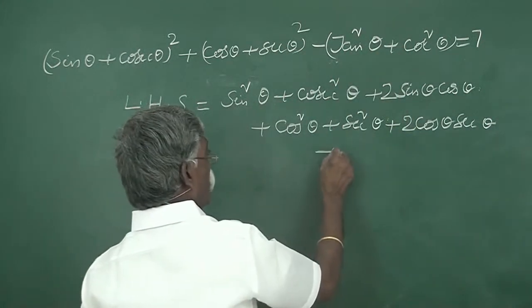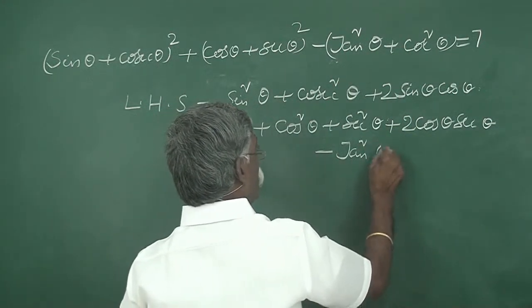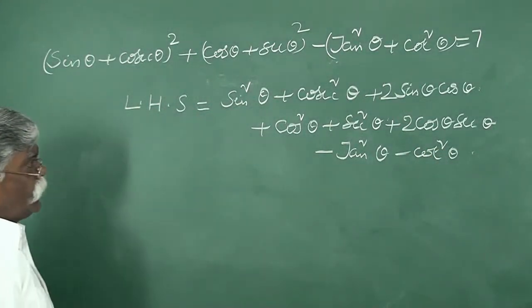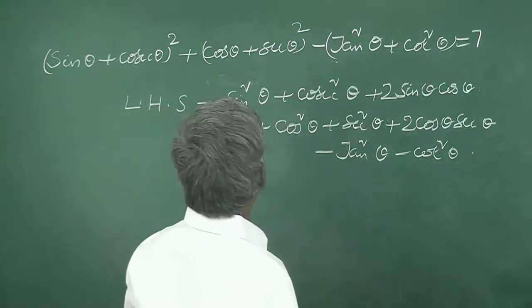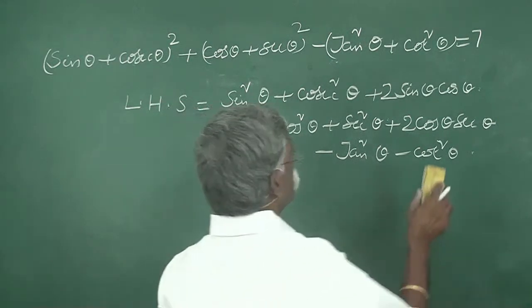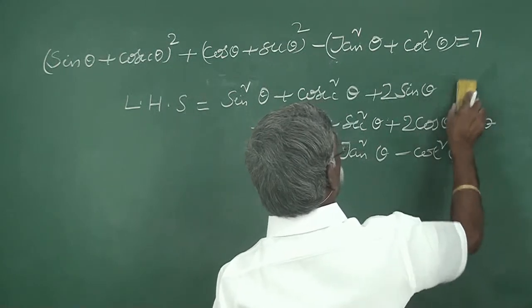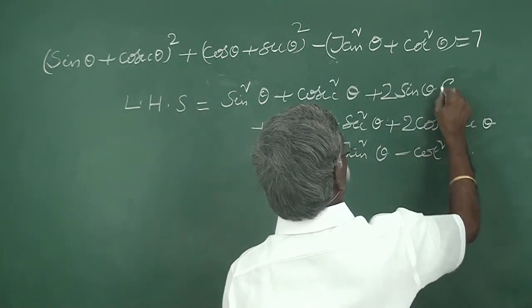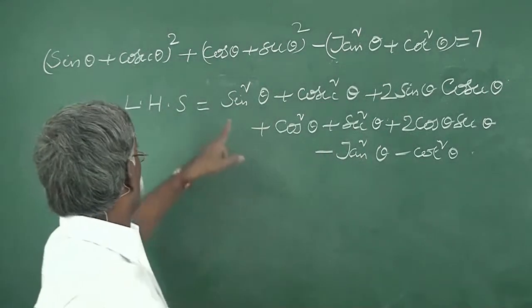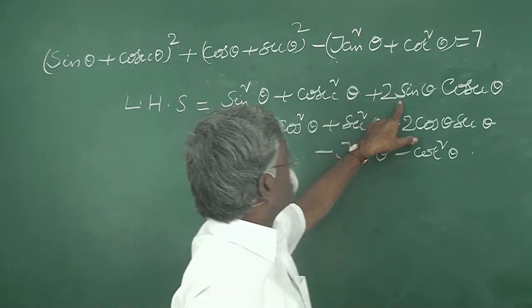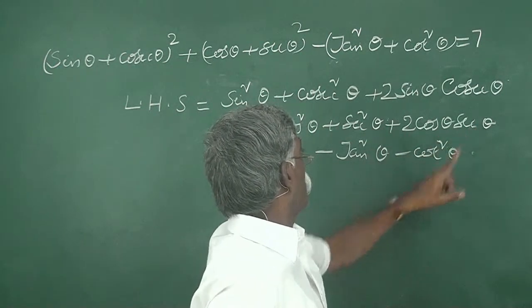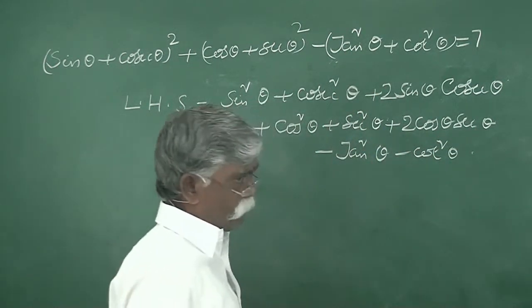If we take the minus inside, it is minus tan square theta minus cot square theta. Now, sin square theta plus cosecant square theta plus 2 sin theta into cosecant, and this is cos square plus secant square plus 2 cos into secant minus tan square minus cot square.